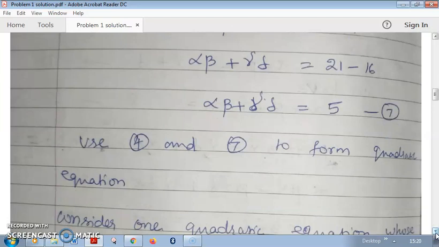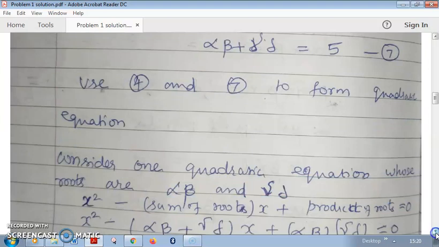So now we have the value of alpha beta plus gamma delta, and also we have the value of alpha beta gamma delta. From this we can form the quadratic equation. Consider the quadratic equation whose roots are alpha beta and gamma delta. From this you can find the values of alpha beta and gamma delta very easily.